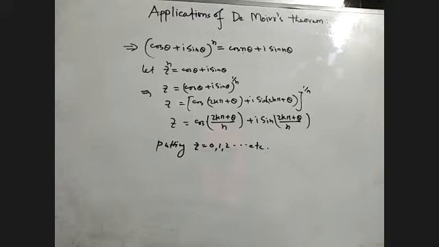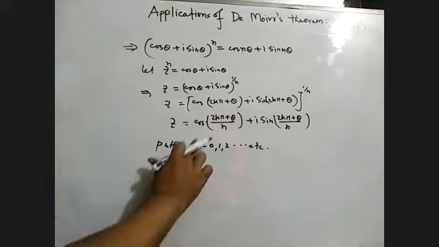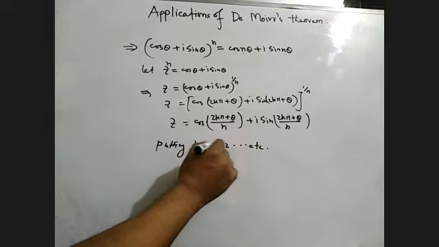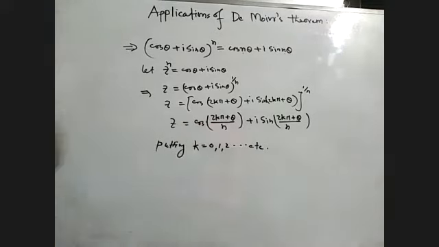Using De Moivre's theorem, for any values of k, we get different values of z, that means roots of the equation.